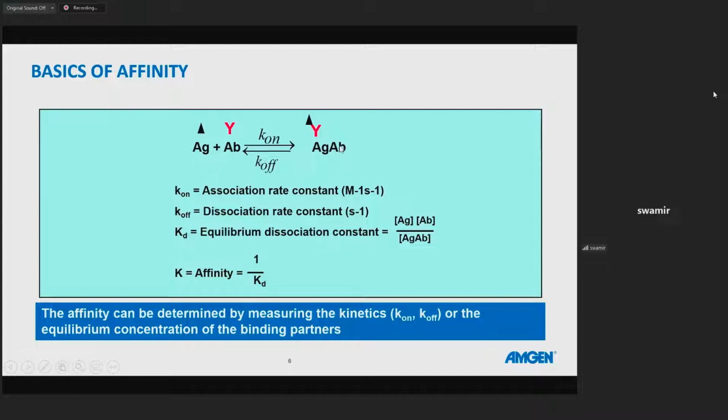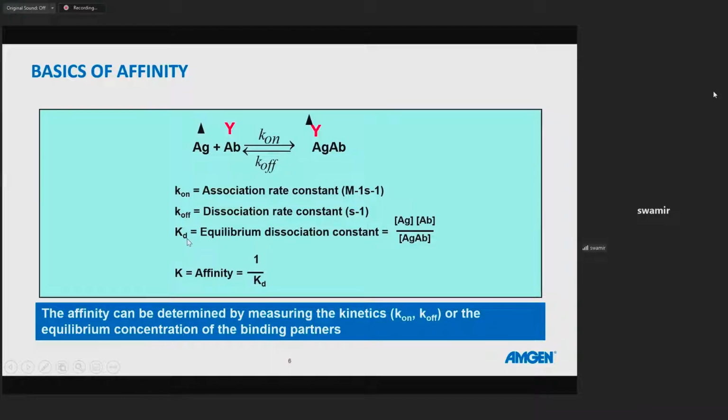And once the product is formed, it can also dissociate to make antigen and antibody, which is determined by the K-off or dissociation rate. So one can measure the on rate or association rate and the dissociation rate kinetically as soon as you mix the antigen and antibody.